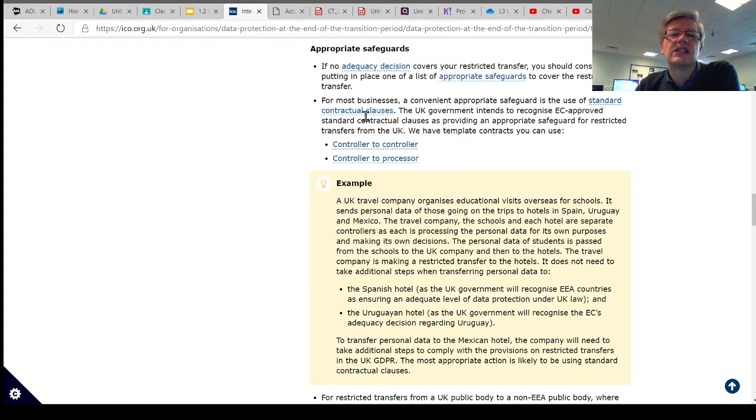And generally these are standard contracts. So you'll have some kind of standard, legally binding contract with that country, and these are EC approved, and they cover all the legal aspects of transfers of data in and out of these countries that brings them in line with the same kind of standards that we have in this country.